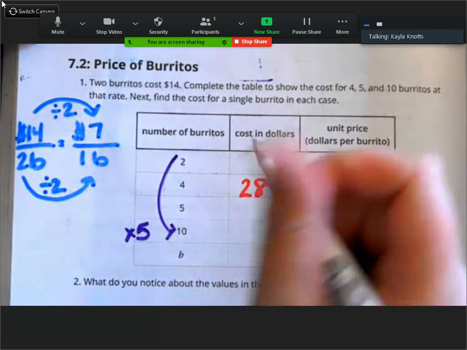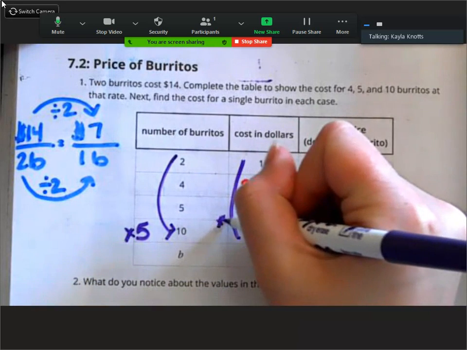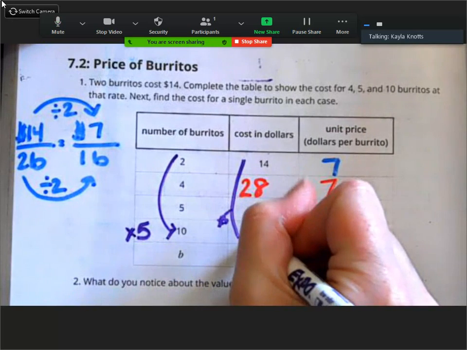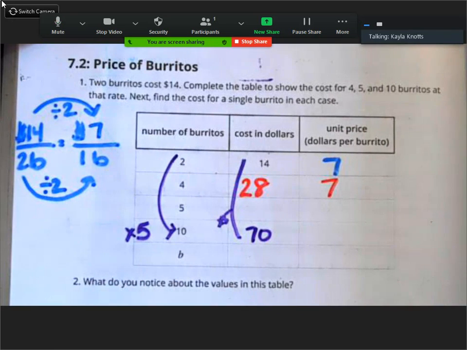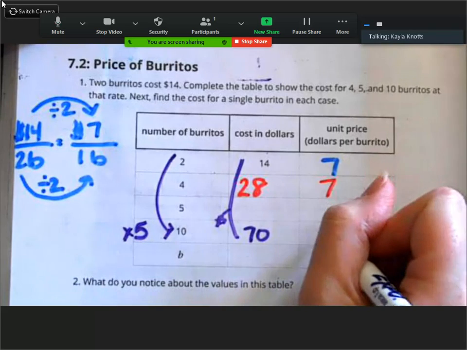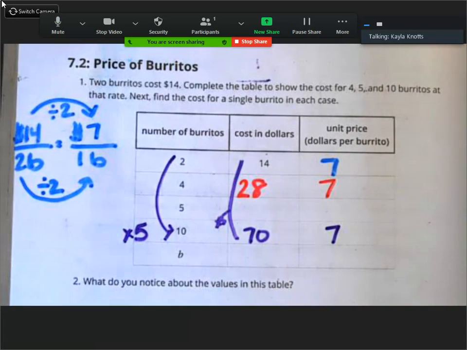And if I multiply 2 by 5 to get to 10, I also must multiply 14 by 5. 14 times 5 is 70. Same thing. I'm going to take my cost divided by the number of burritos I have. And 70 divided by 10 would be $7. This is very, very interesting.